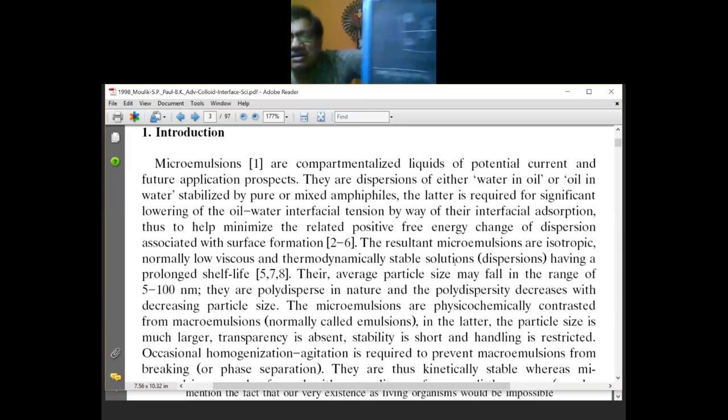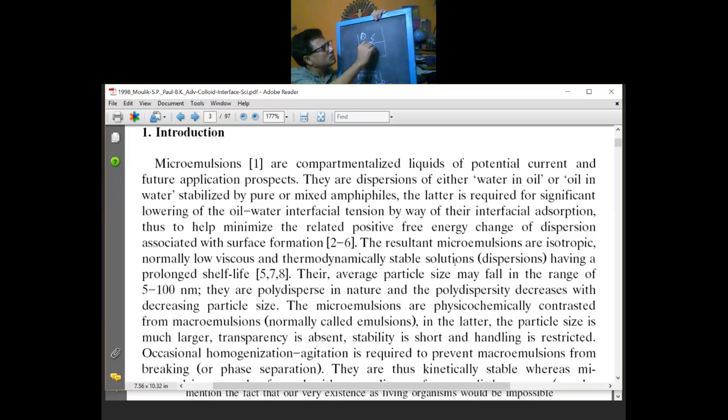Due to this interfacial adsorption, the surfactant molecules will lower the surface tension. Now you just replace this air with oil.